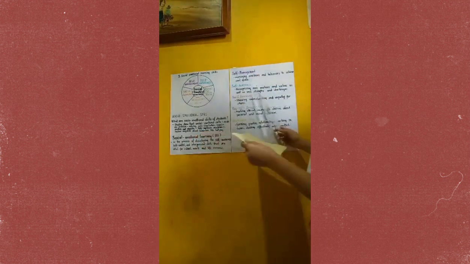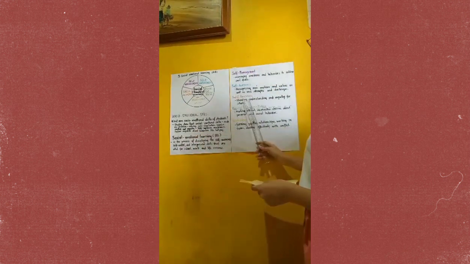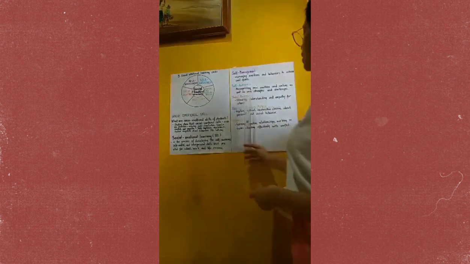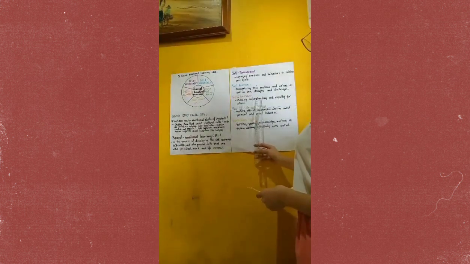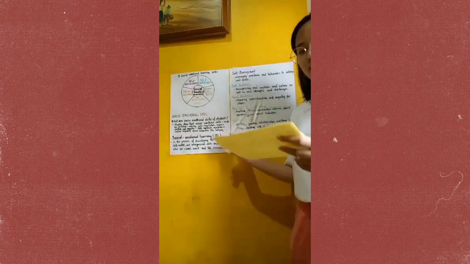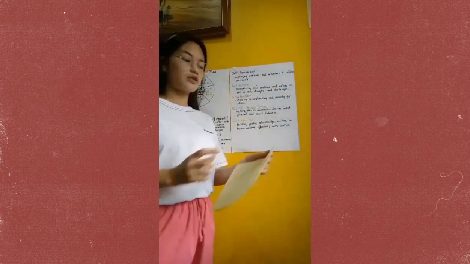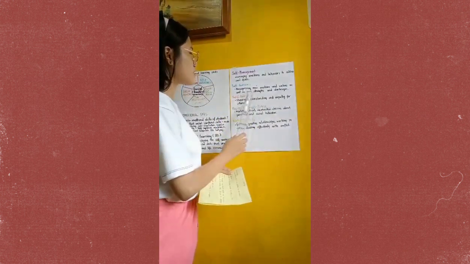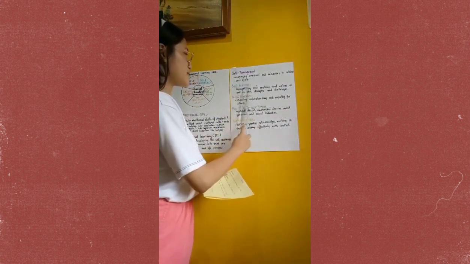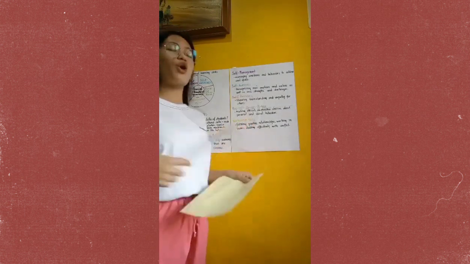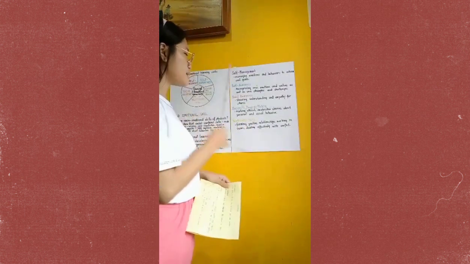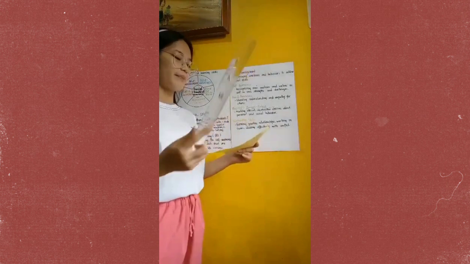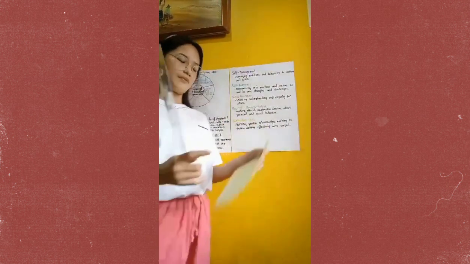In self-awareness, you identify and understand your own emotions. The second one is social awareness. Social awareness is showing understanding and empathy for others. In addition, social awareness is the ability to identify and understand the emotions of others. While self-awareness is about your own emotions, social awareness is about the emotions of others.